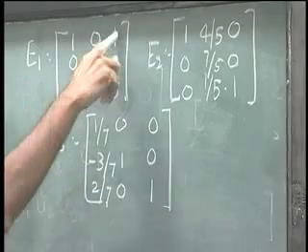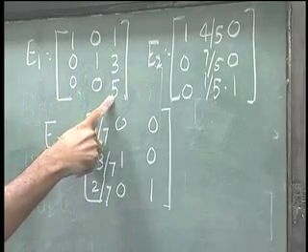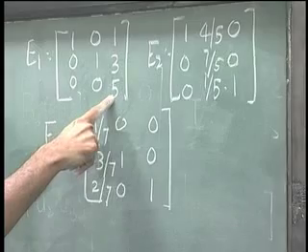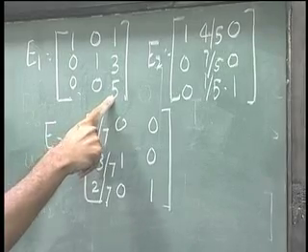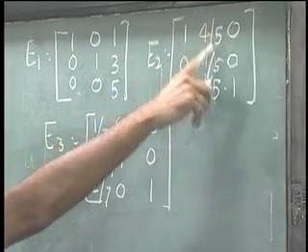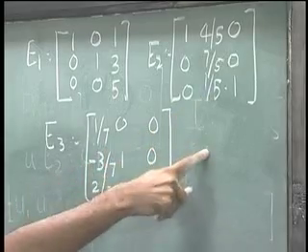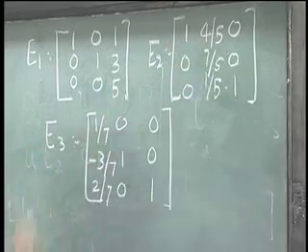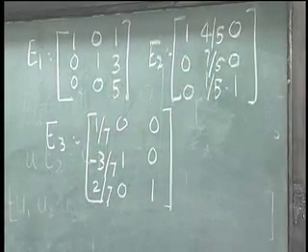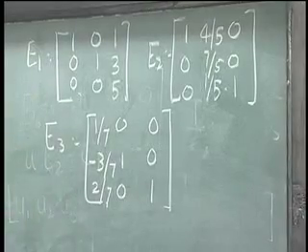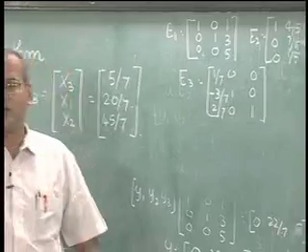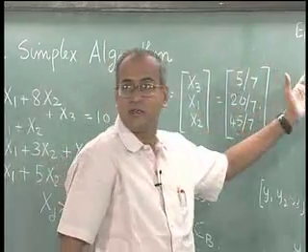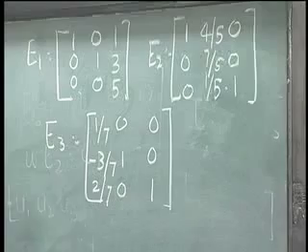E1 will be stored only as this vector 1, 3 and 5, and a simple identification that this vector is in the third column. This one will be stored as 4 by 5, 7 by 5, 1 by 5 and 2, which means this first 3 are in the second column and so on. So, you do not end up storing a large matrix, instead you need store only the vector for every E.